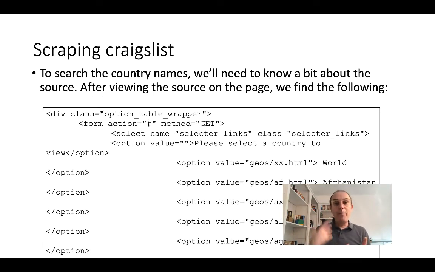If we are going back to the list item, to search for a country name, we will need to know a little bit more about the source, and that's where we are going to see the source of the page. I know this is not an HTML class, it's not a web technology class.